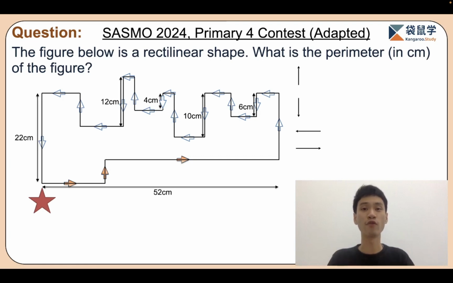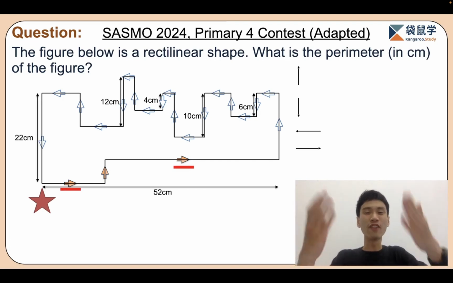Do we have information about this side length? Maybe not this particular side length, but what other information do you see around here? Take a look at the figure. We take a look at these 2 sides, both going in the right direction, and notice we have information about the total length of these 2 sides.